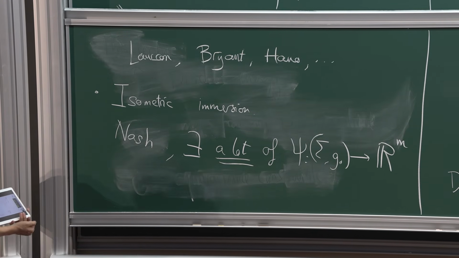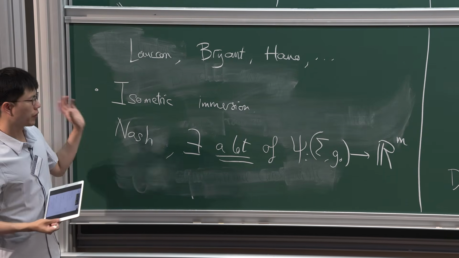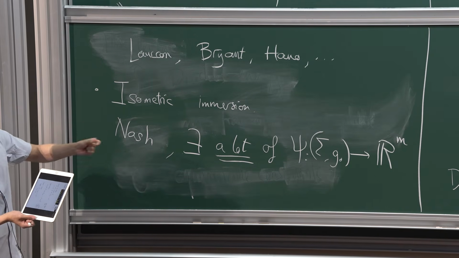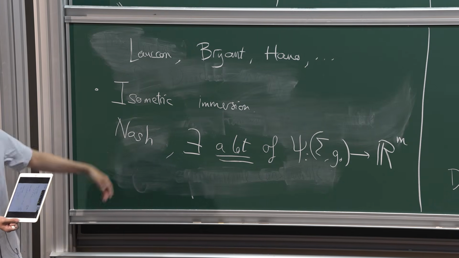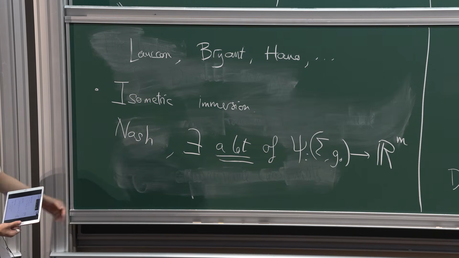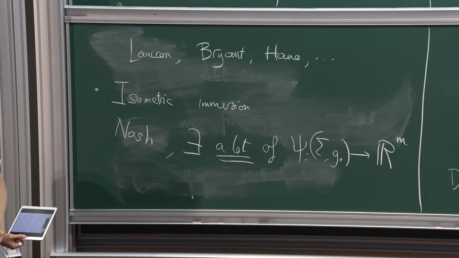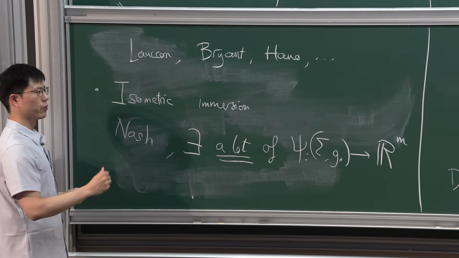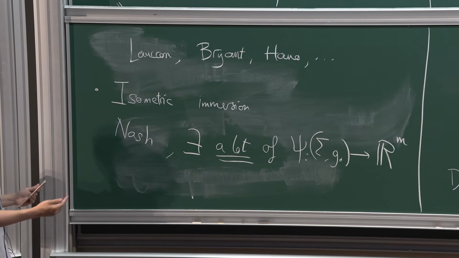In fact, you can start with any map which decreases distances, and you can perturb in a C0 topology this map to make it an isometric embedding in the sense of Riemannian geometry. So in that sense, it's way too flexible to be a good answer to the question, if you see what I mean. And this flexibility is also the reason why sometimes you hear that the Nash theorem is useless, things like that, because of this overflexibility.